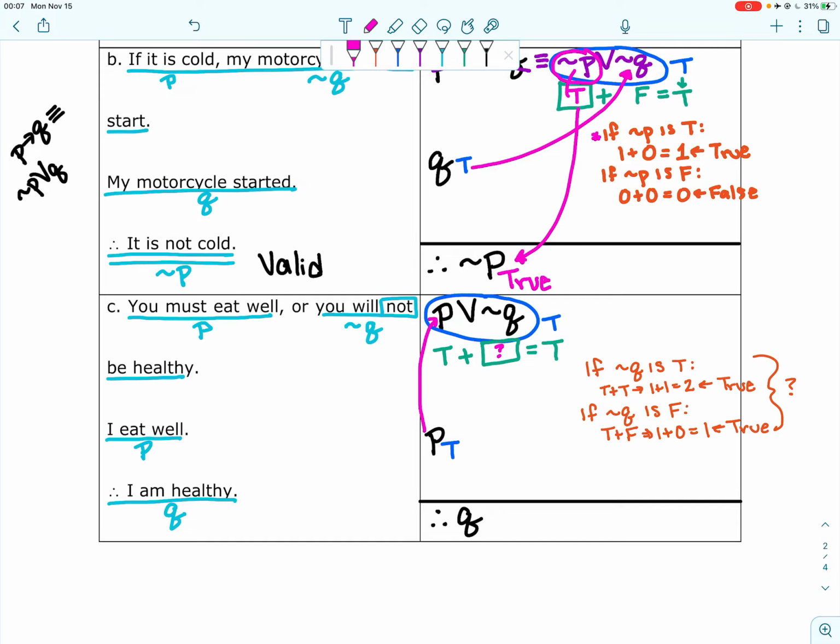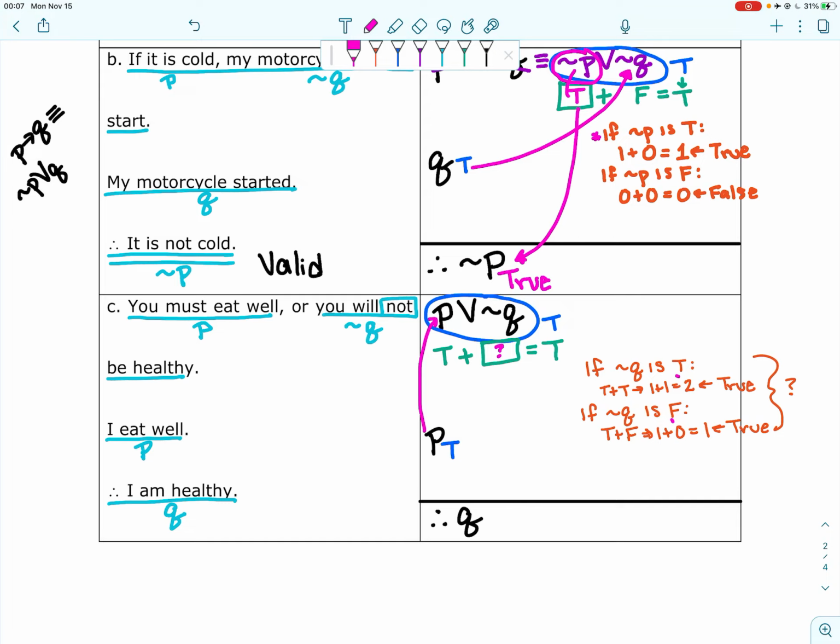But in this case, this statement could be true regardless of whether or not Q is true or false. It could be either, and I could not tell you what the answer is. I don't know if not Q is true or if it's false. I don't know.